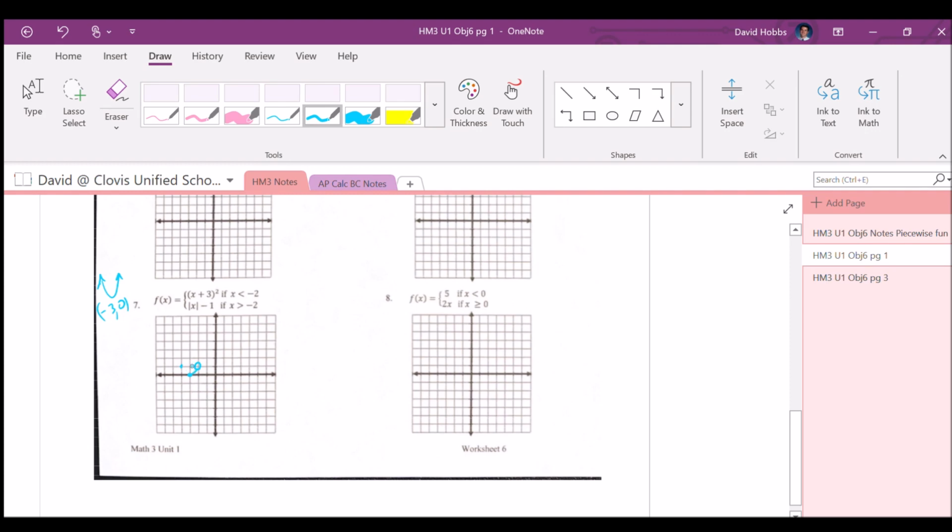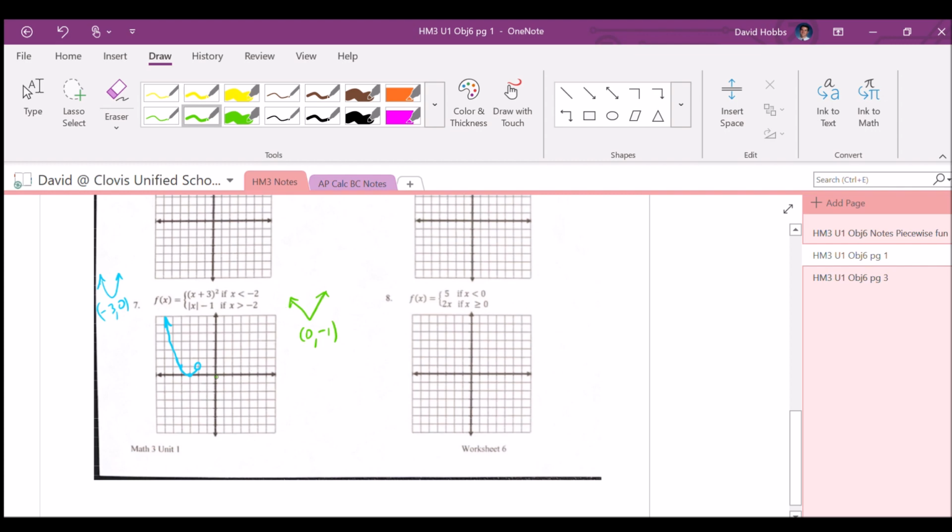So there's that piece. Okay, the piece on the right. Absolute value, V shape, opening up, vertex is at 0, negative 1. The slope is up 1 over 1.